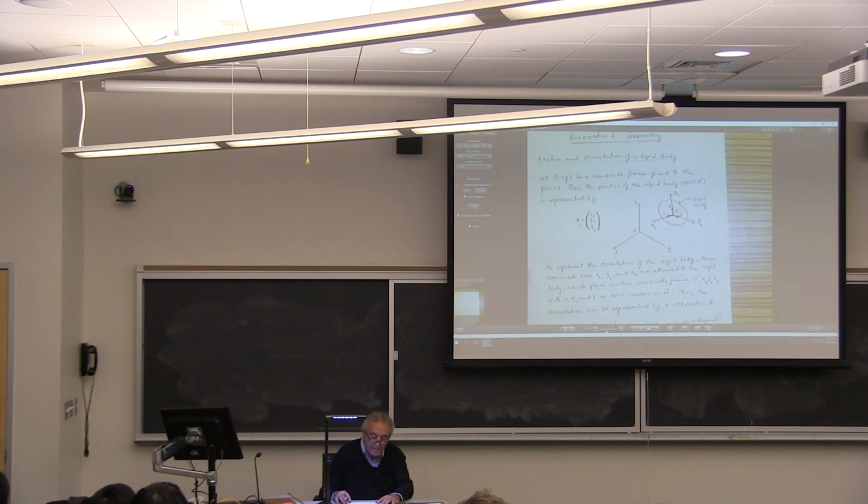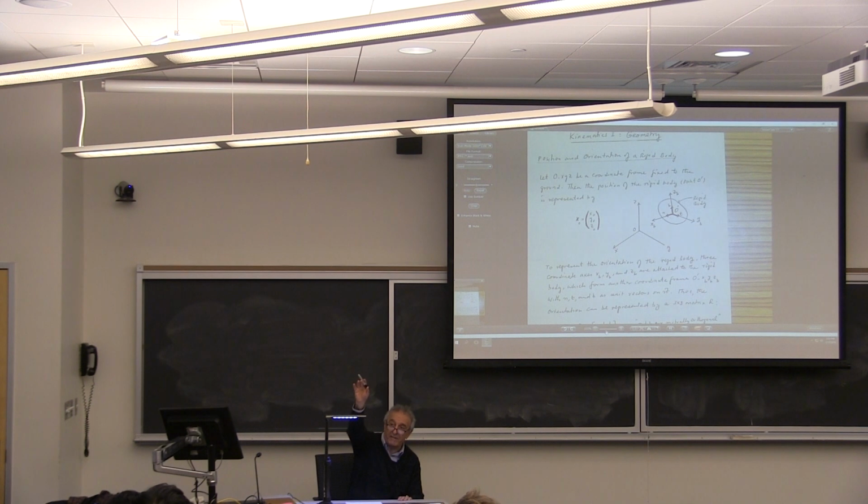To represent the orientation, because the body that you have always has a position and some sort of orientation, you have to have both of them intact. Is that clear? So to represent the orientation of the rigid body, three coordinate axes I put here like that: xb, yb, and zb. Can you see that? Everything clear?